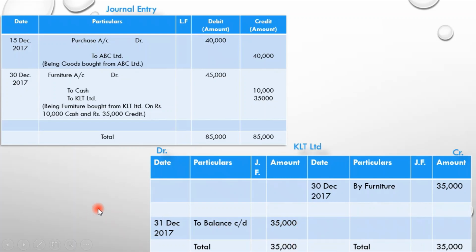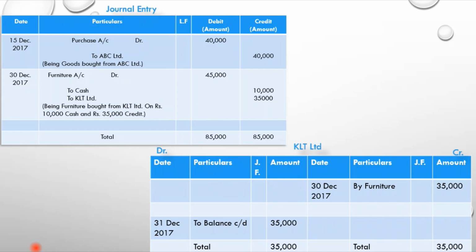So here I have described all the terms, and finally it is known as the debit side amount. If it is more than the credit side, then your balance will be called debit balance.